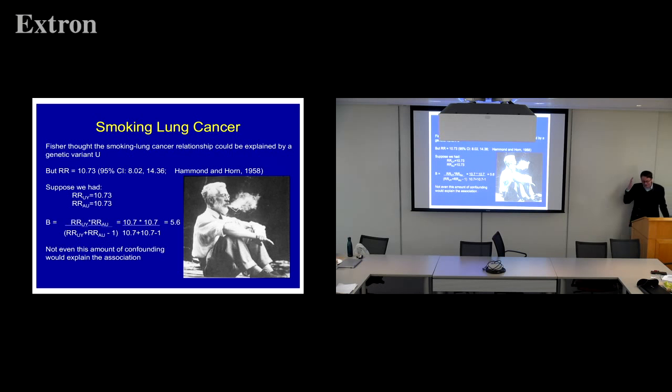Cornfield showed that for an unmeasured confounder to explain it away, each would have to be larger than 10. But you're saying if that were the case, it still wouldn't explain it away. So he was wrong? No, they do have to be at least larger than 10. It turns out they have to be larger than about 20. His statement was correct. It's sort of a one-way implication.